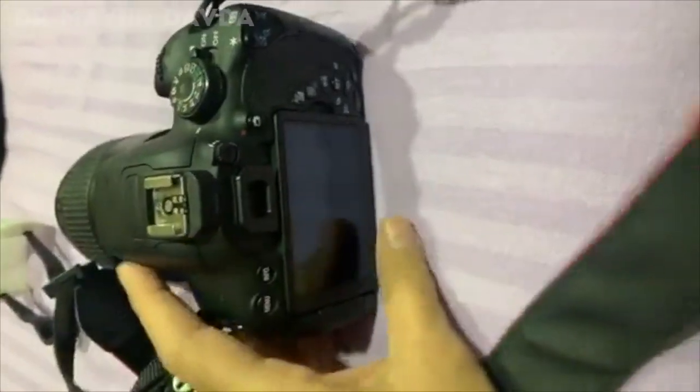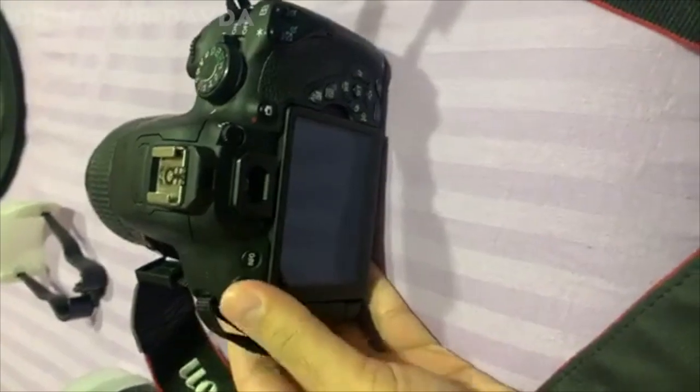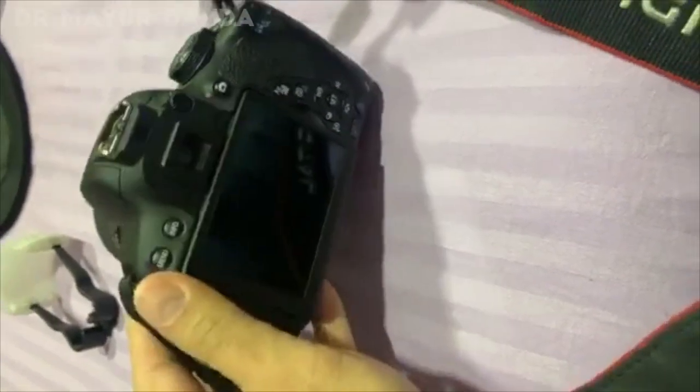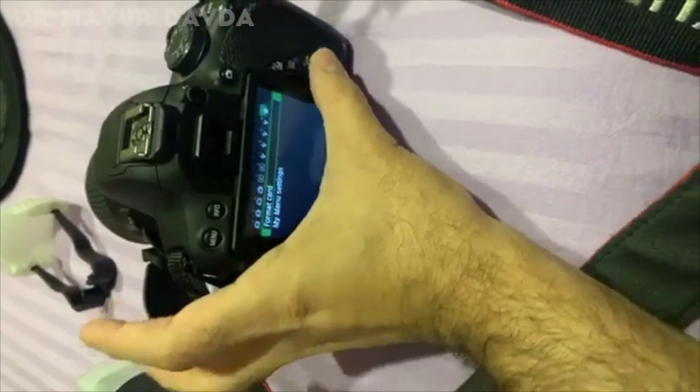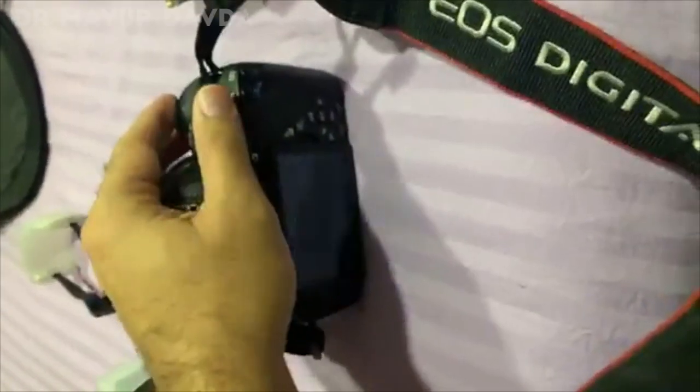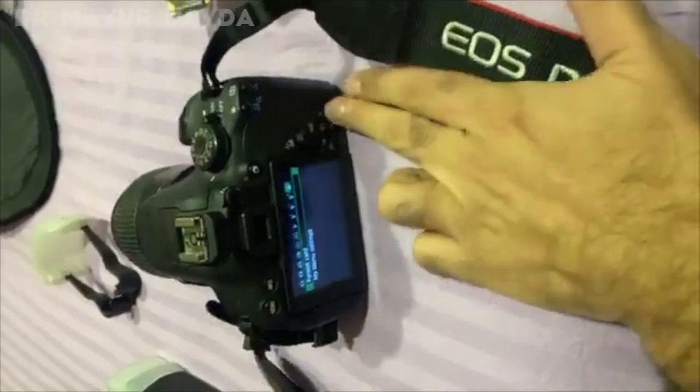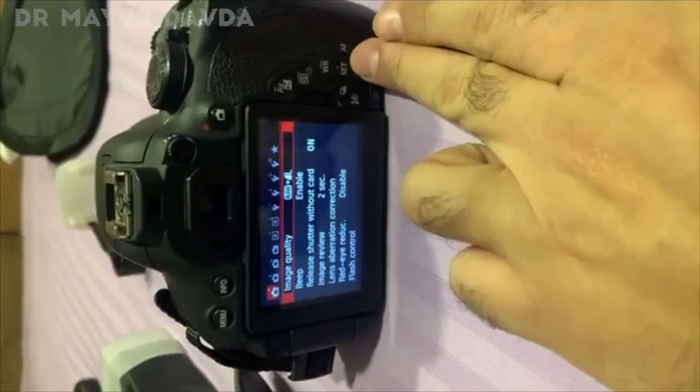All right. Also, a couple of people asked me, can we change the power in the inbuilt flash? The answer is yes. You just have to go into the menu and you have an option called inbuilt flash setting. In inbuilt flash setting, you can choose manual, and in manual you can go ahead and make the power changes if you want.